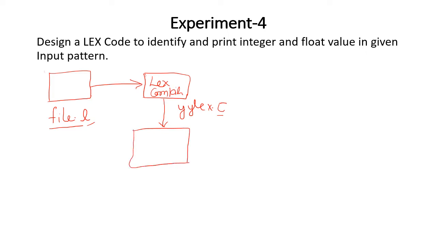Now let's suppose if we have a folder in which we have the .l extension file, and finally when the .l file is compiled, there will be a .c file. So this is the C program.